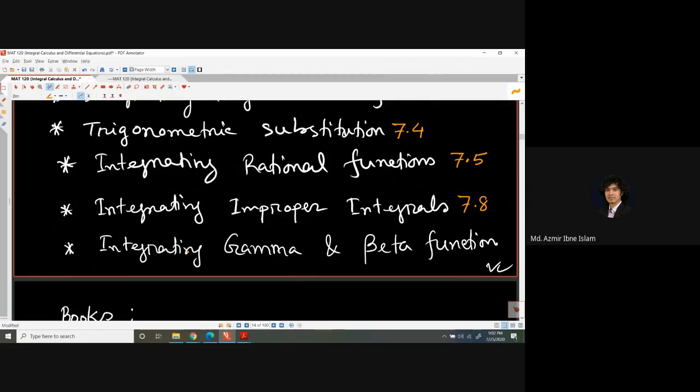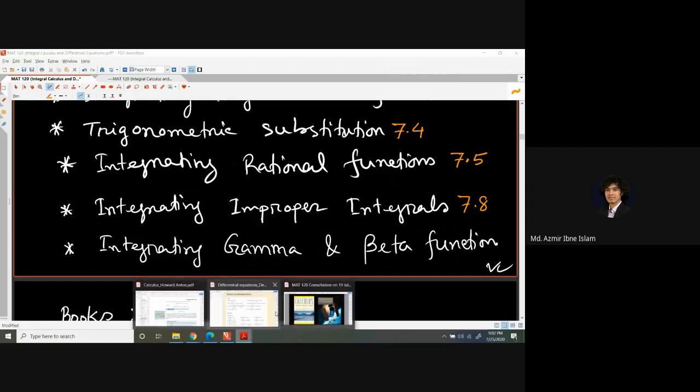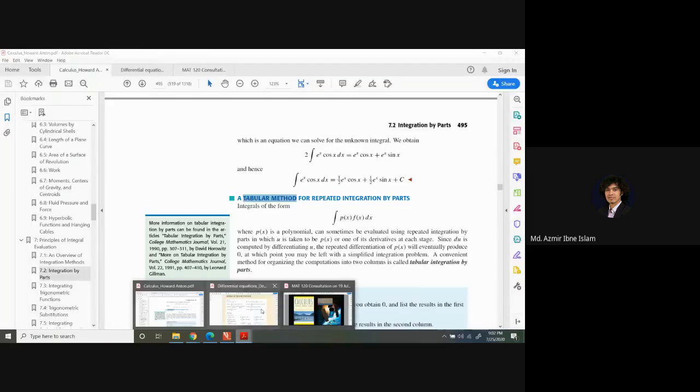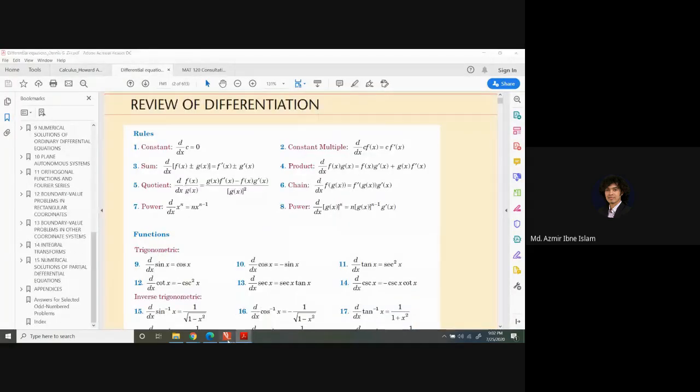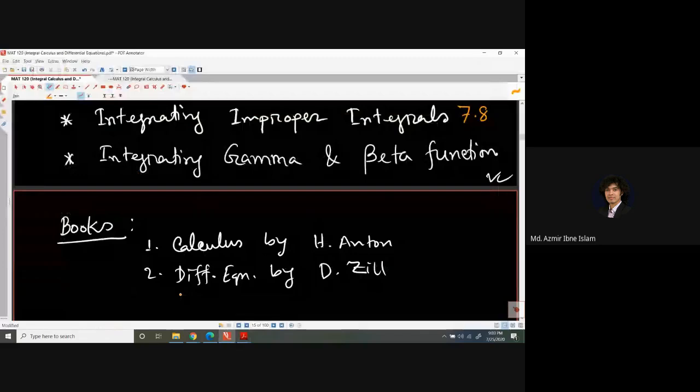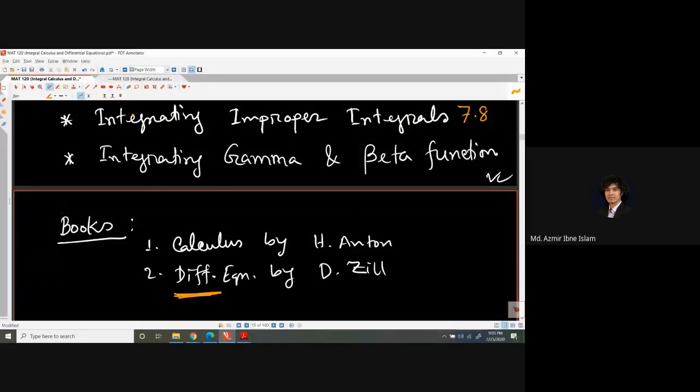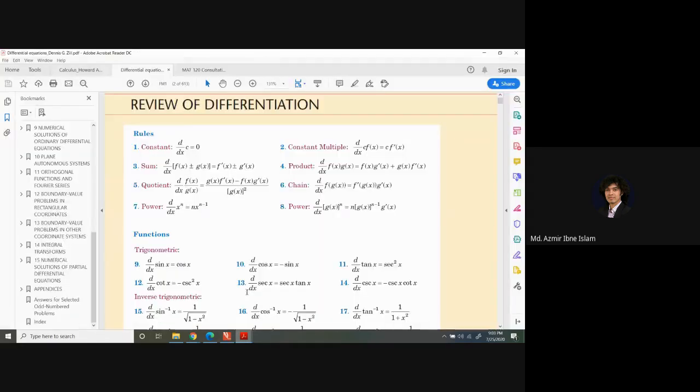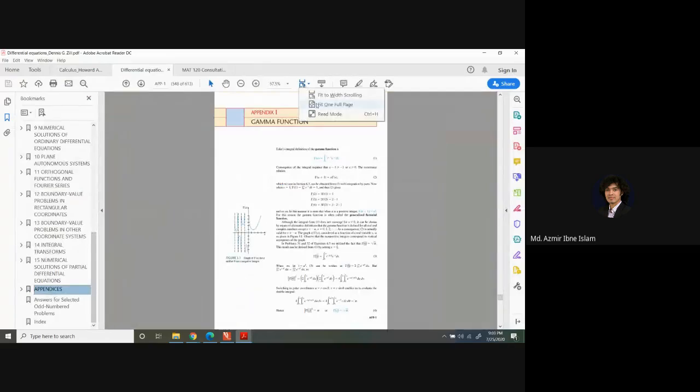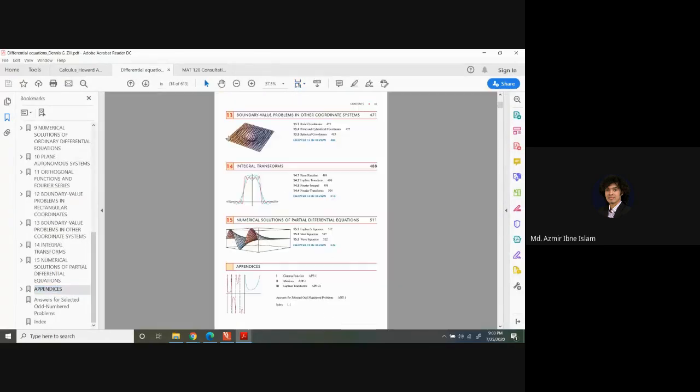And for integrating gamma and beta functions, you will not find these two directly in Howard Anton's book. But you will find the gamma function in another reference book, Differential Equations written by Dennis Zill. In this book, in the appendix section, you will find the gamma function.